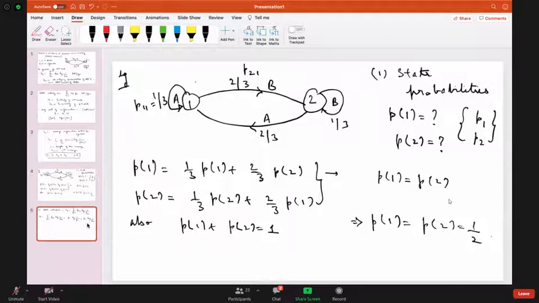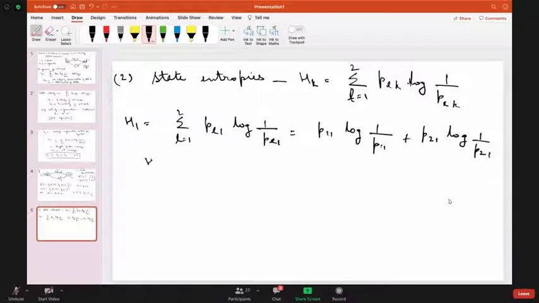So if I put it in the formula, this will become 1 upon 3 log of 3 plus 2 by 3 log of 3 by 2. And this is of course log to the base 2 here.